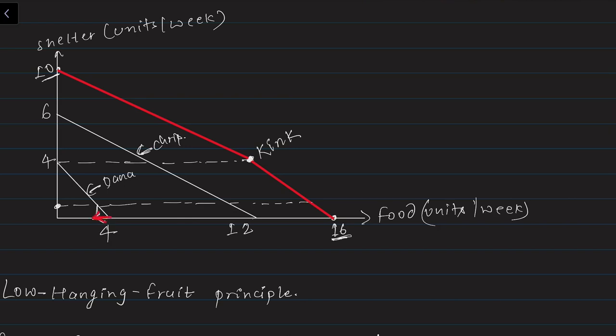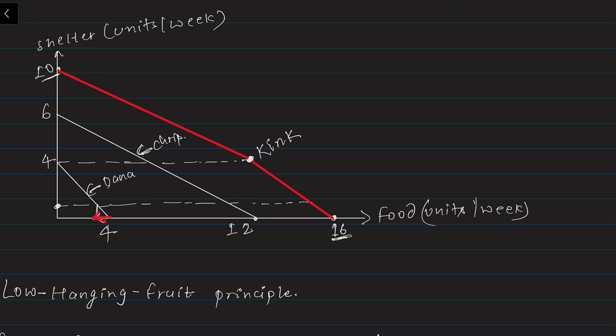Okay, exactly by this amount. So the total amount of food in the economy will decrease by exactly this amount, because Chris is still producing the food, and Dana is only sacrificing the food. So the total amount of food in the economy will decrease by exactly the length of this line.